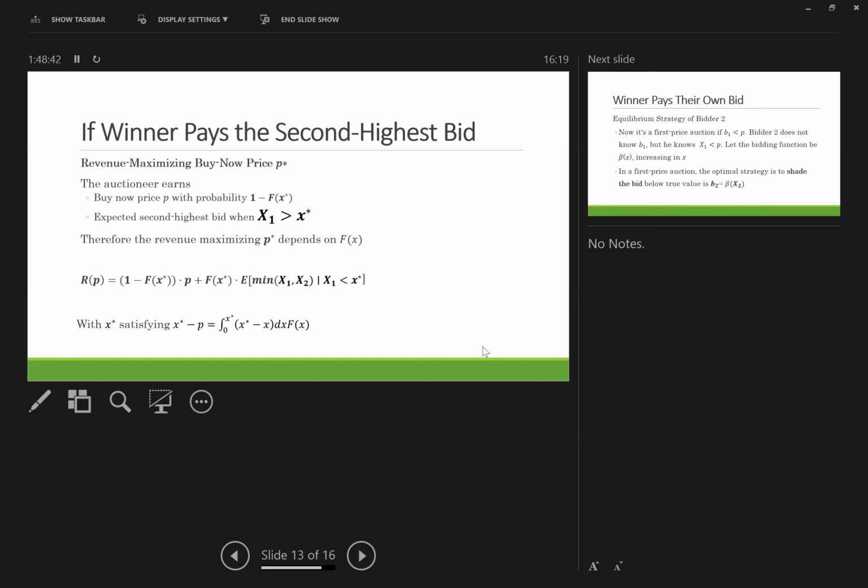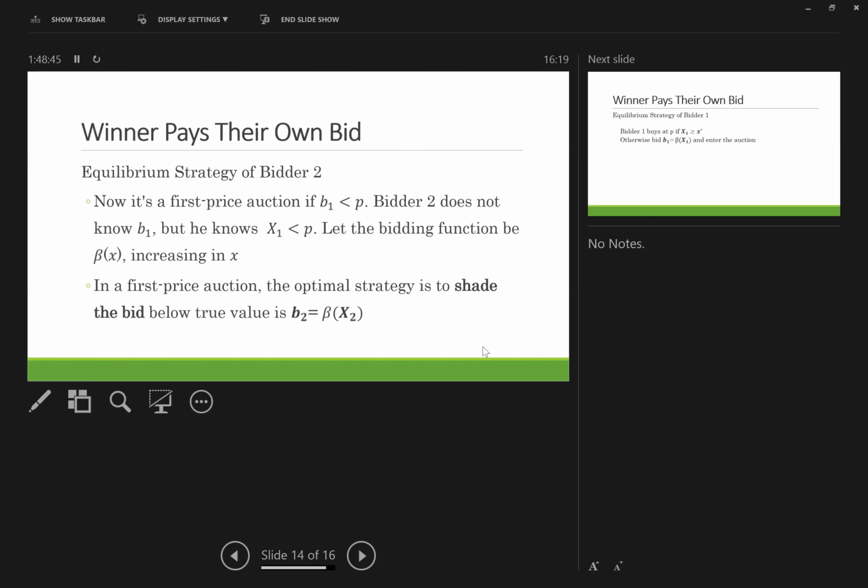Then we look at the case where we have the winner paying their own bid. That is the case of a first price auction, right? In this case, if the bid of the first bidder is less than the payoff, then bidder 2 does not know B1, but he knows that the value for bidder 1 is less than the payoff.